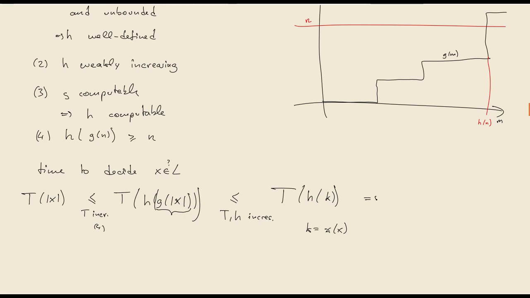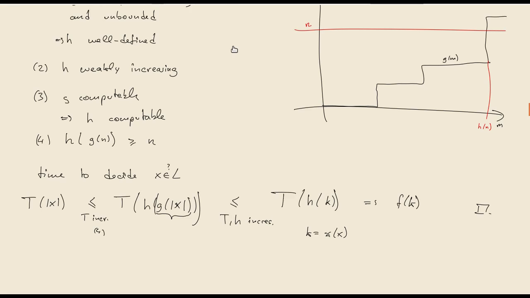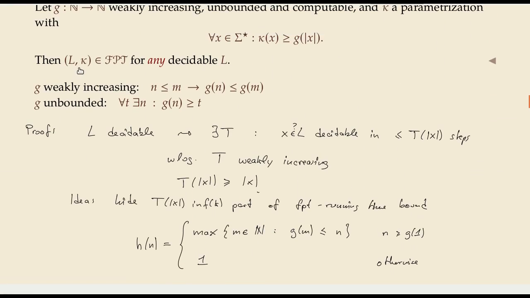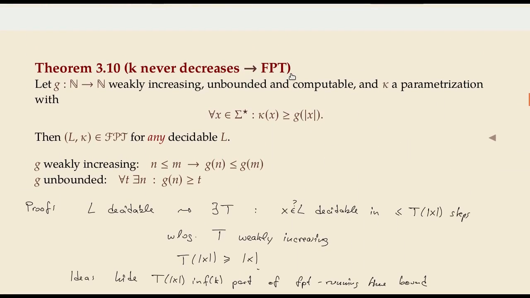And this is nothing more than some function of k, right? It can be a large function since t is essentially any computable function, but it's only a function in k. So we've essentially shown the time to decide x depends only on the parameter and not at all on the length of x. So that means that just the assumed decider for L is FPT with respect to this parametrization.